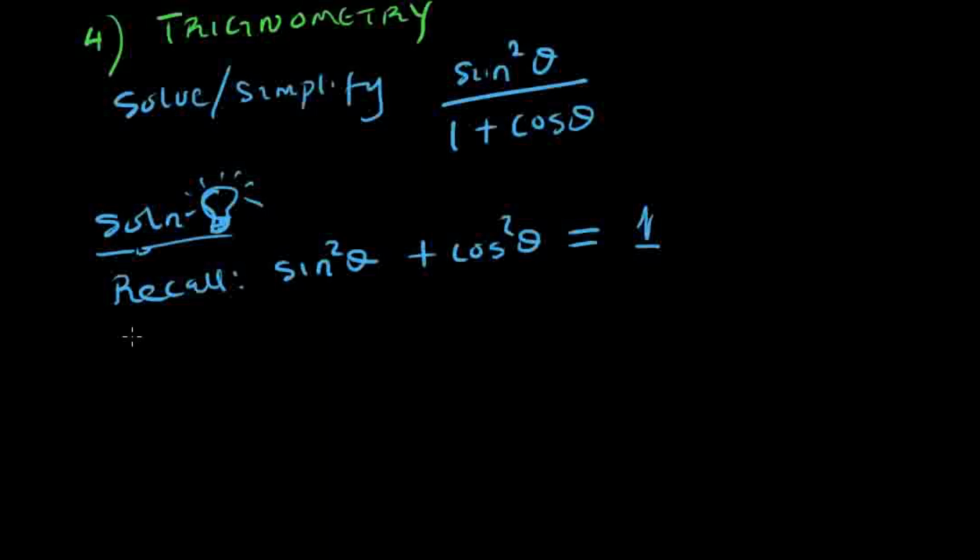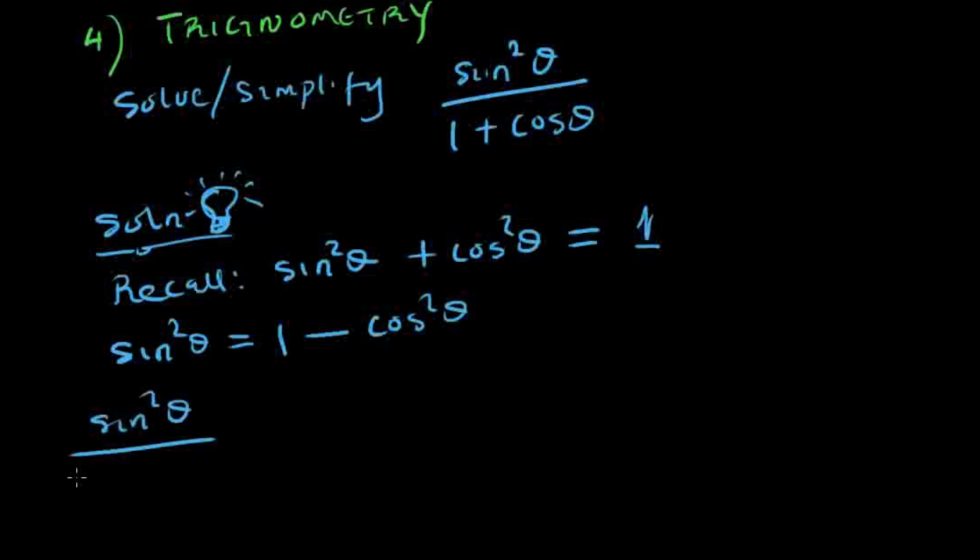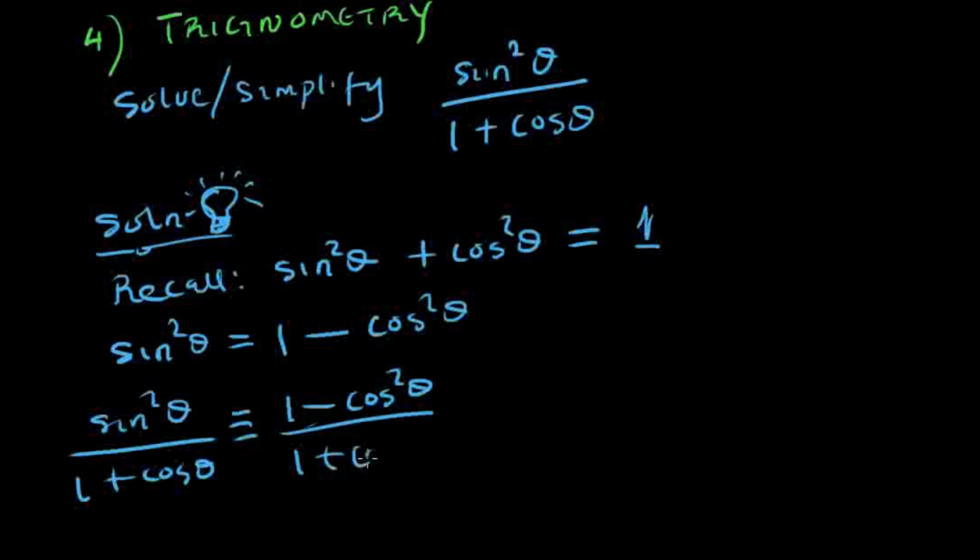So if I want to find sine squared theta from the identity we have already remembered, you get it by saying 1 minus cos squared theta. So you can now replace it in the equation: sine squared theta over 1 plus cos theta is the same thing as 1 minus cos squared theta over 1 plus cos theta.